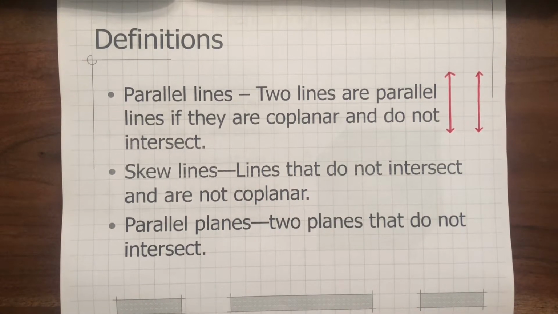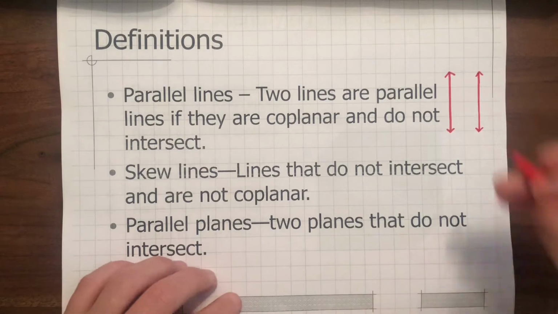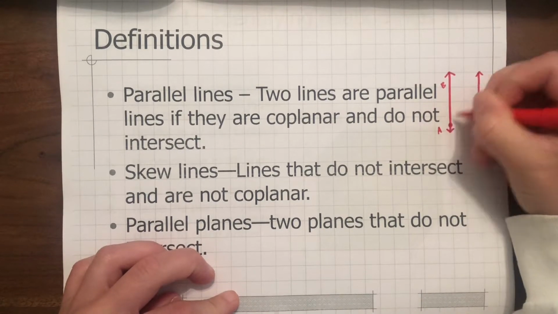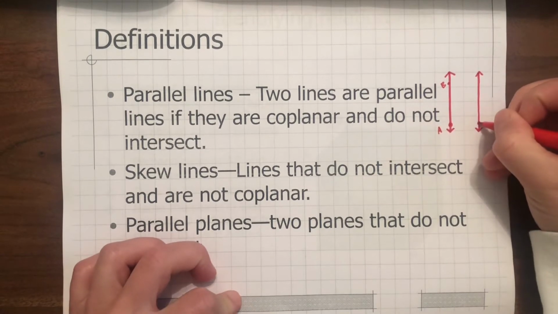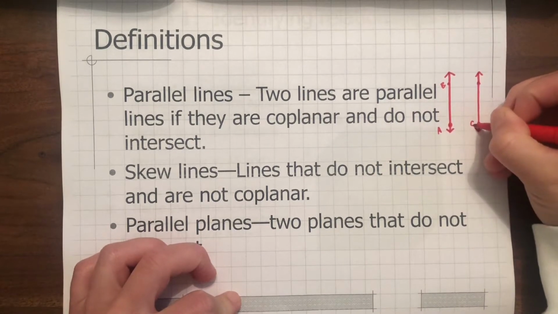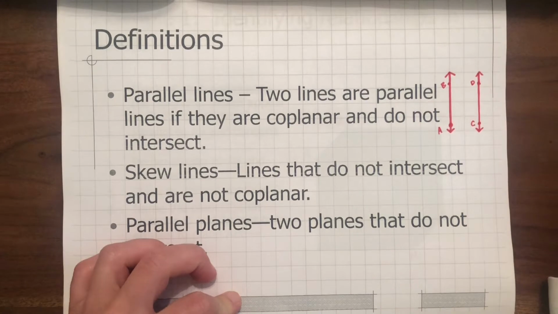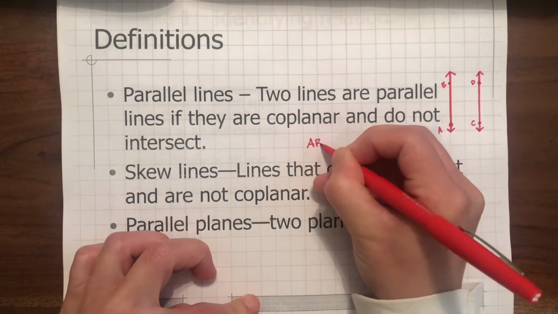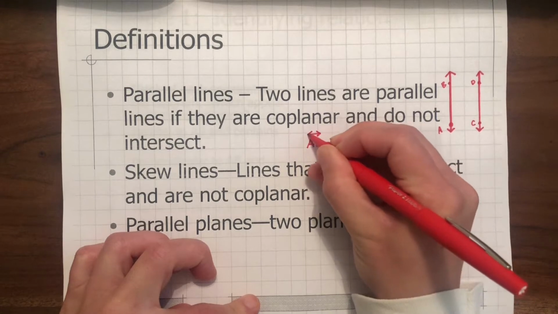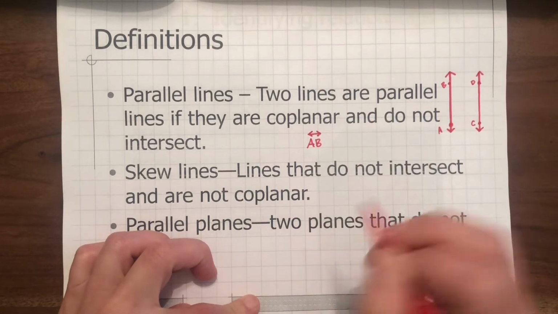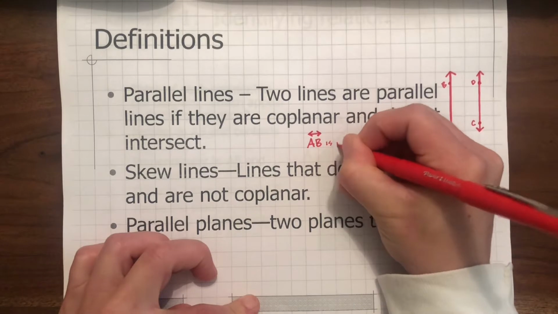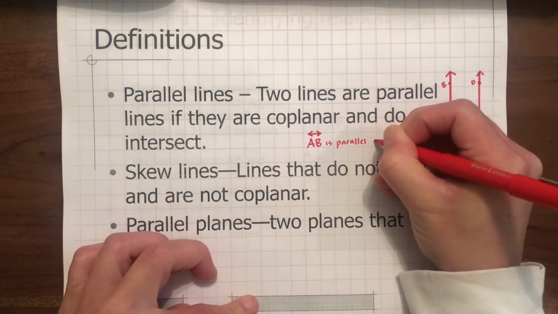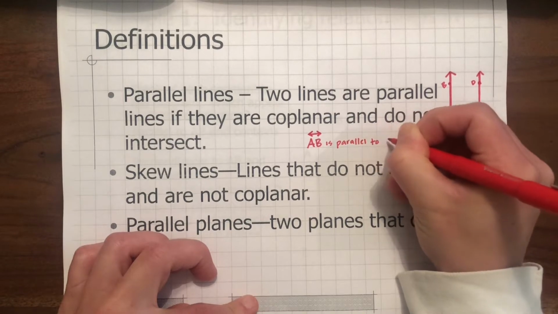And then we're going to identify a parallel line. Let's say this is line AB, and this is line CD. We would write that as line AB is parallel to line CD.